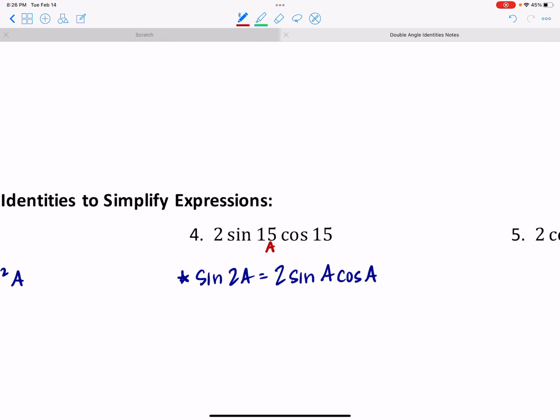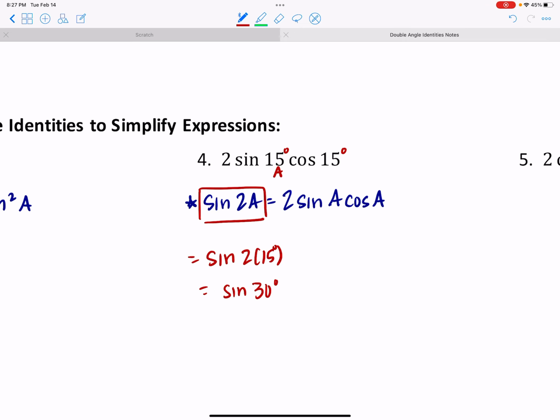So I'm going to replace this part now. I'm going to say this is the sine of 2 times 15, and there should be degrees in here. I forgot to type those in. So this is really the sine of 30 degrees, and the sine of 30 degrees, we know that comes directly off the unit circle.